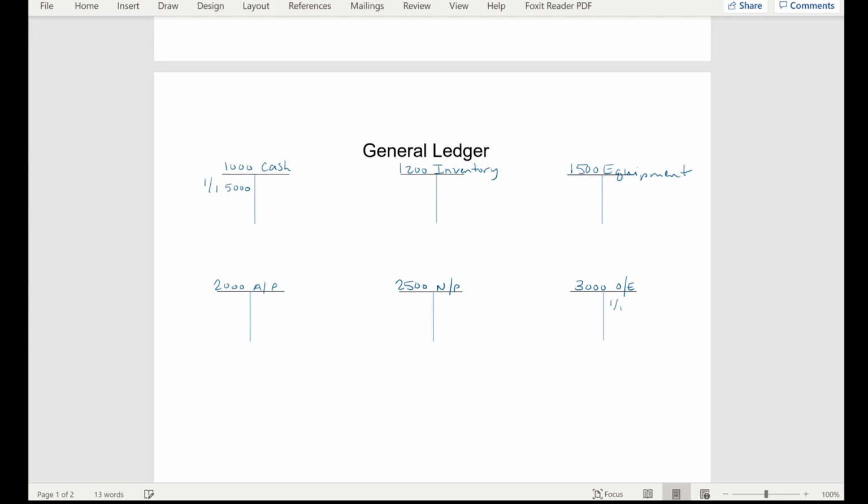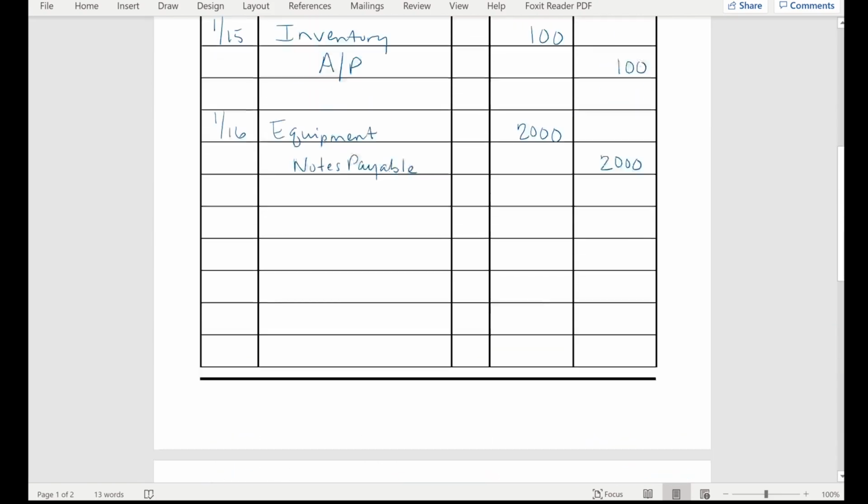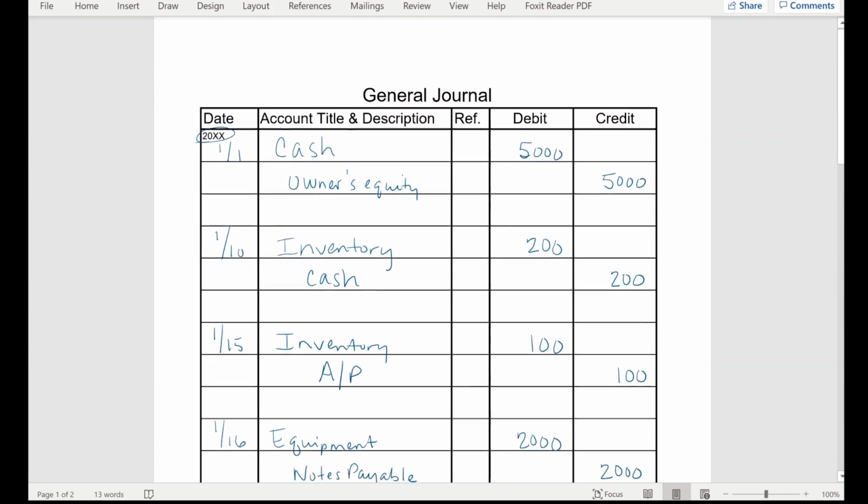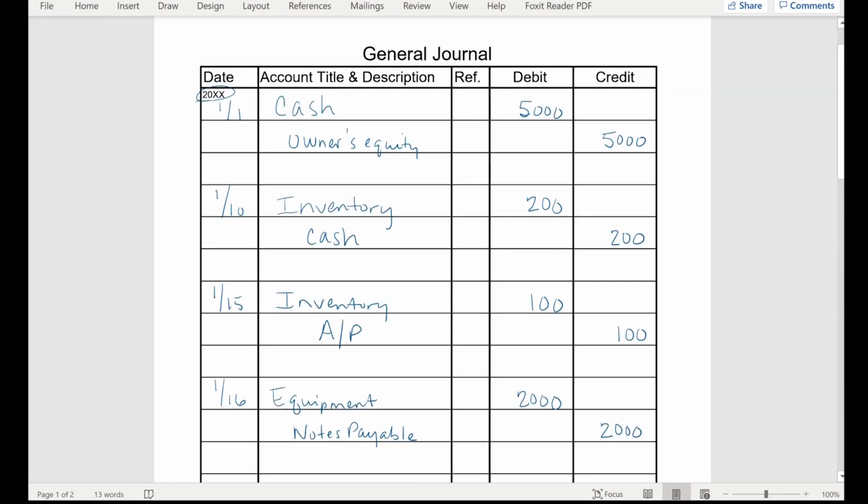So we're going to go down here and credit owner's equity for $5,000. We'll go back up here, and if you were manually entering these, you would want to put a check mark here in the reference to let yourself know that you had already completed that so that you don't have duplicate entries, and then you have to go back and try to find what happened.